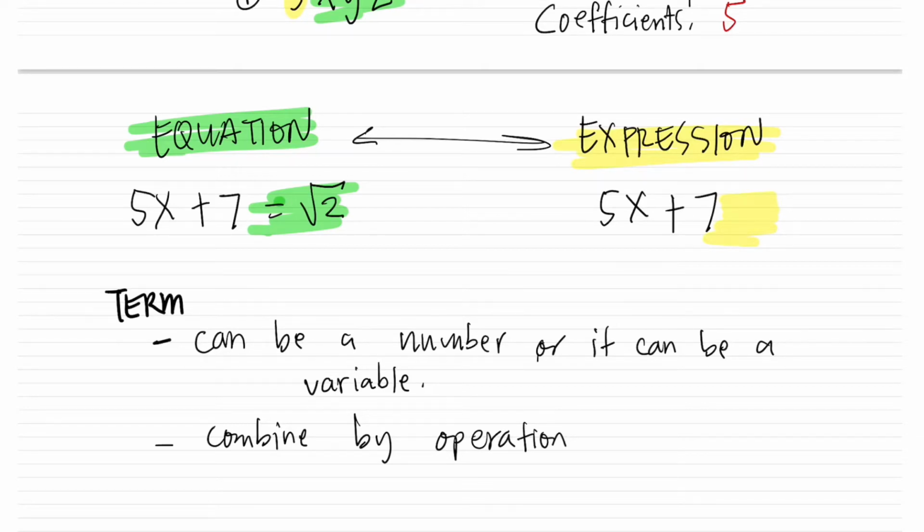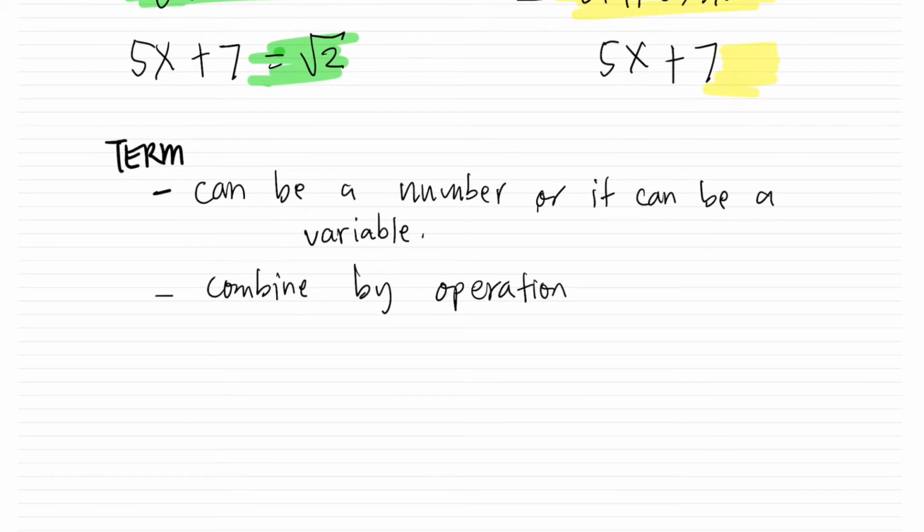What are examples of term? Examples of term, you have 1/2, you have x, you have 6x, that's one term. A combination by the operations of multiplication or division.